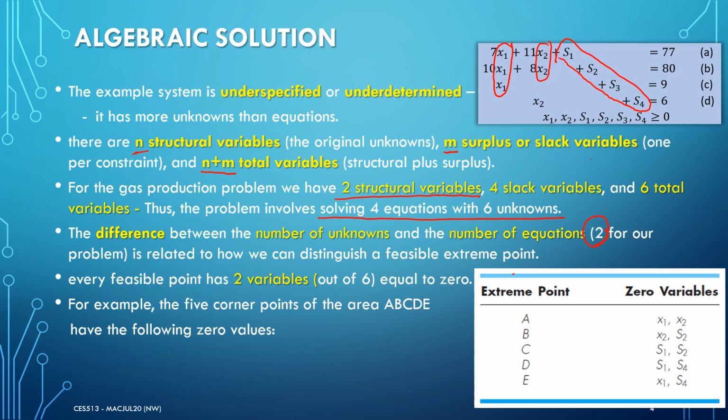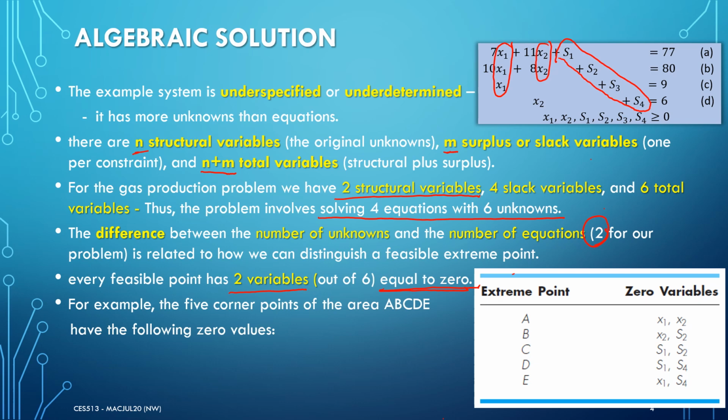is directly related to how we can distinguish a feasible extreme point. Specifically, every feasible extreme point has 2 variables equal to 0. So we must have 2 variables out of 6 that equal 0. For example, the 5 corner points of the area from the graphical depiction of the problem, which you can see in figure 9 in the lecture notes, A, B, C, D, E, have the following 0 values.